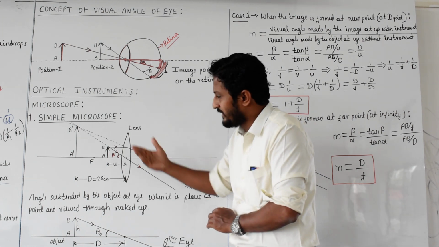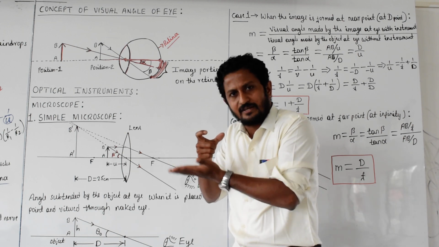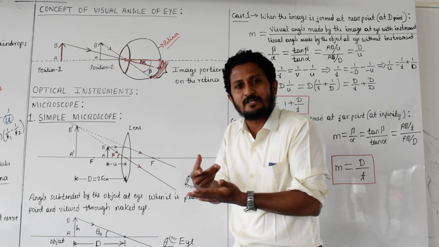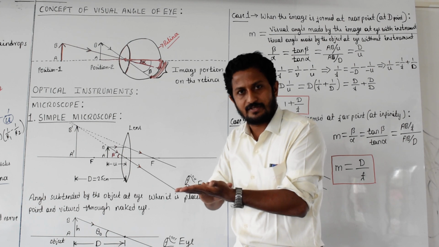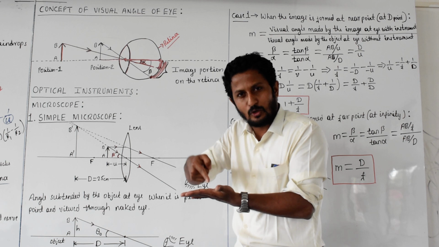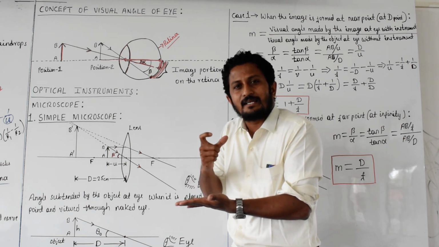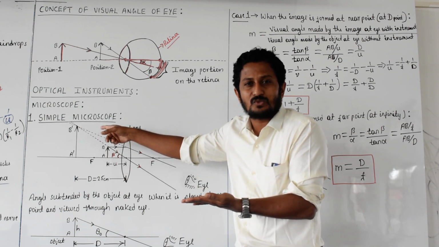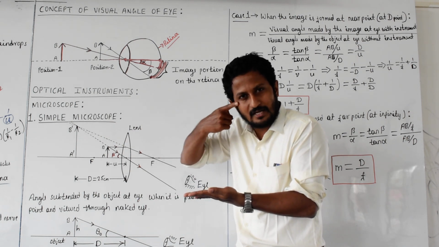Somewhere here you take the object whose magnification you want. Between that object and your eye, you take that single biconvex lens, which we call a simple microscope.